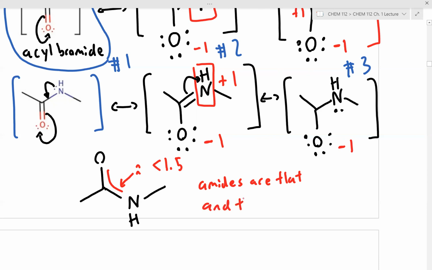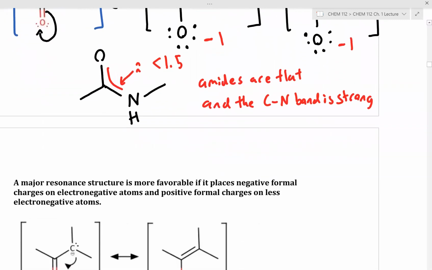And the carbon-nitrogen bond is strong. So amide bonds are infamously hard to break, and it's a result of this resonance contribution. Does that make sense?